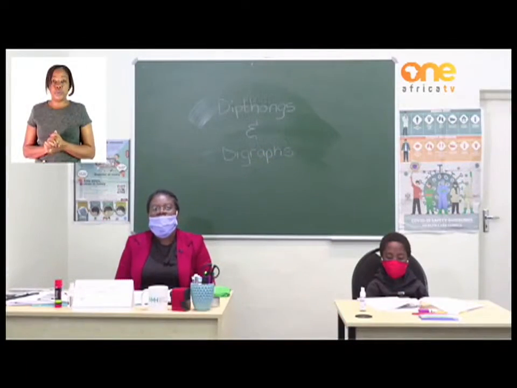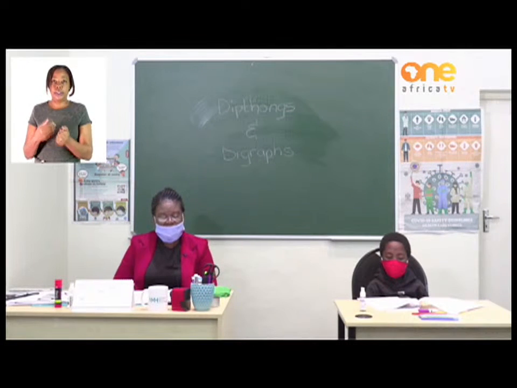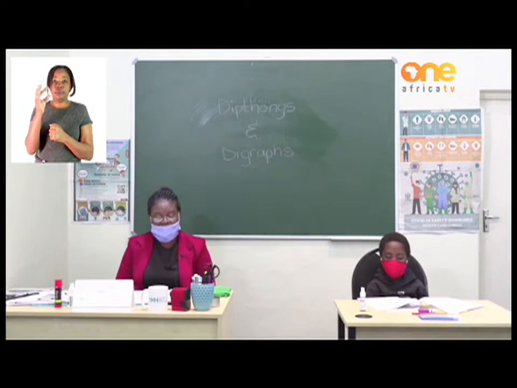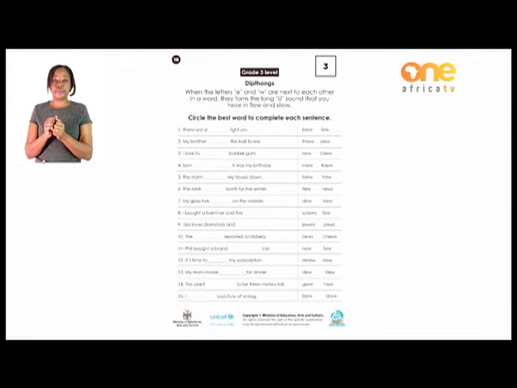Okay, we are going to look at the diphthongs on page 18 together. Okay, when the letters are together and they are next to each other and they form one sound, that is what we are going to look at. And they will always give a different sound when they are together.